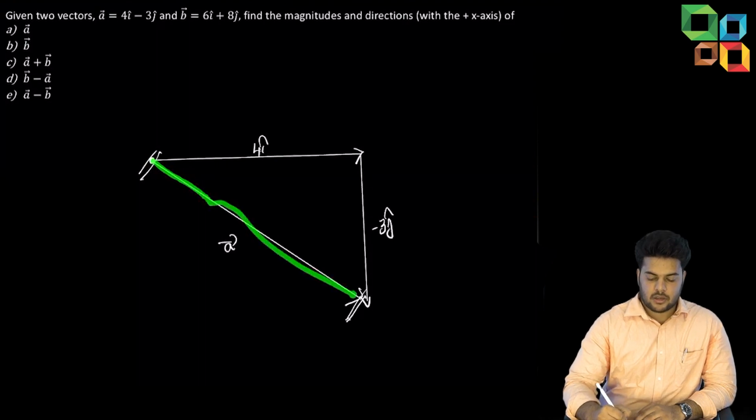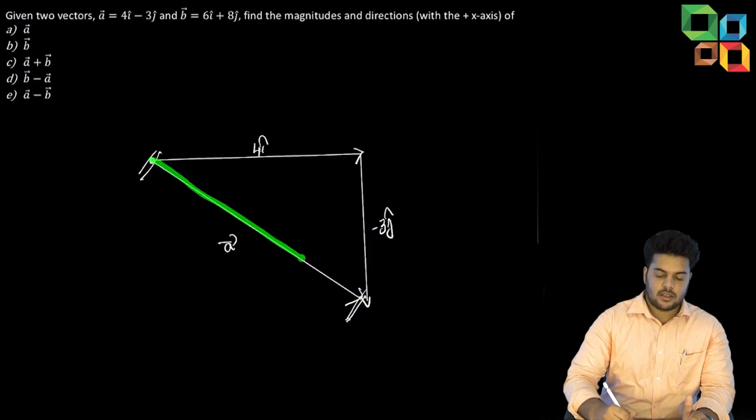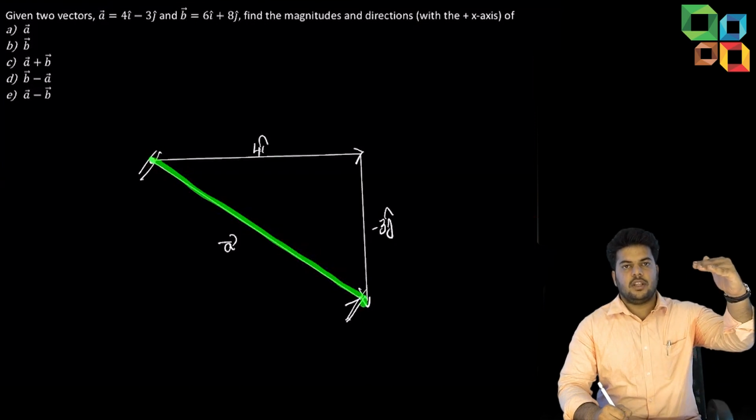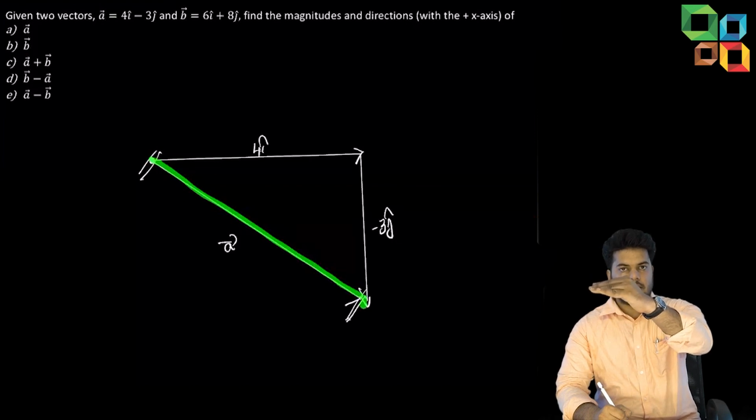Let me draw. Let me complete the entire journey of the car. When the car moves along that direction, how much has it moved along the x-axis? Now 4, isn't it? It's as though the car is moving at a rate of 4 meter per second along the x-axis.